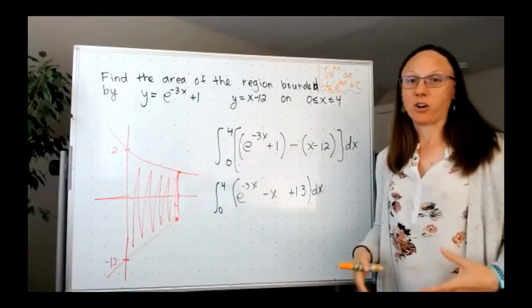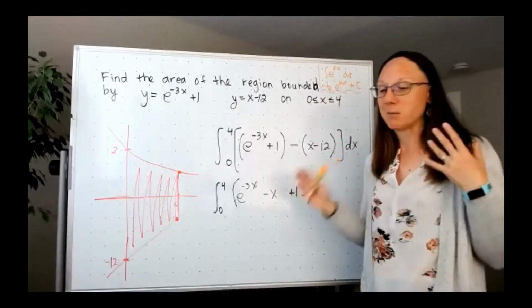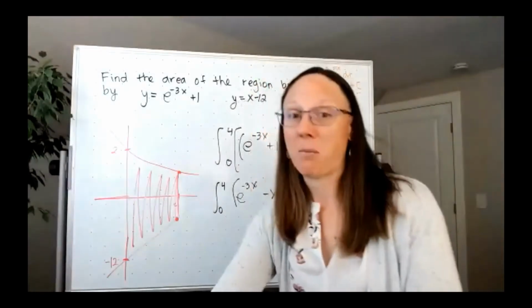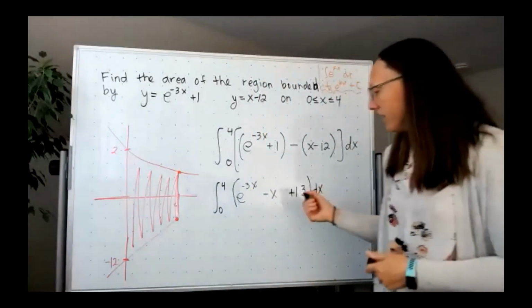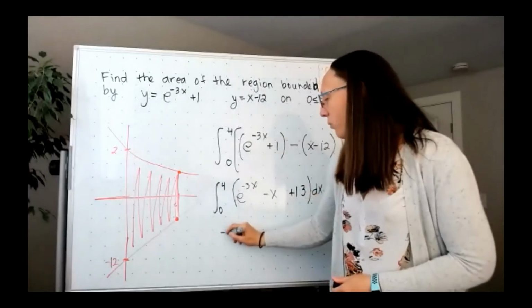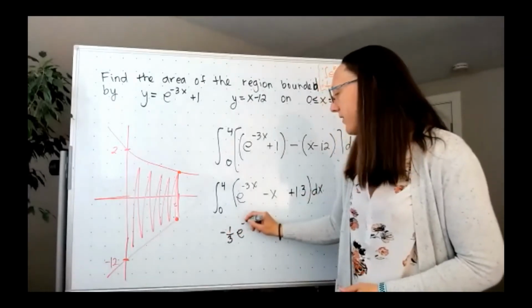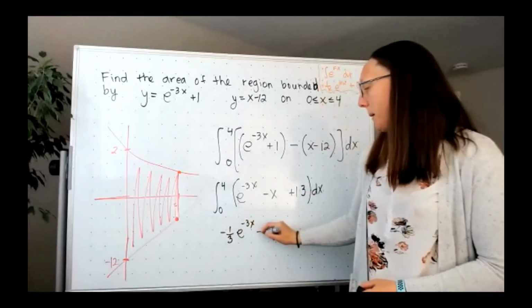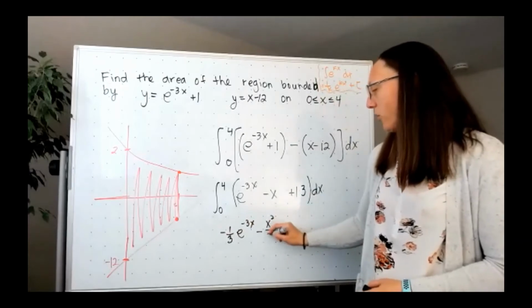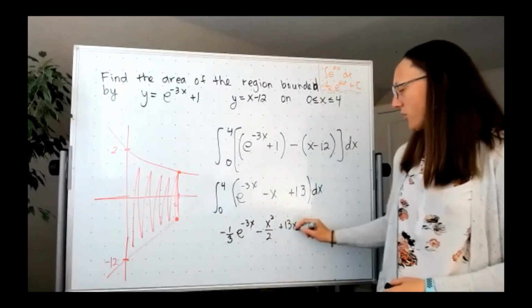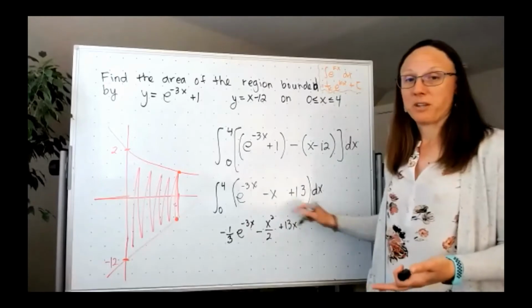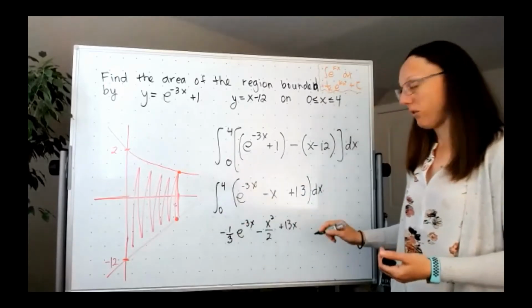I really encourage you to get this memorized, put it in that note sheet, something. So here, I'm going to get negative 1/3 e to the negative 3x minus x squared over 2 plus 13x. And we won't have a plus c because this is a definite integral.